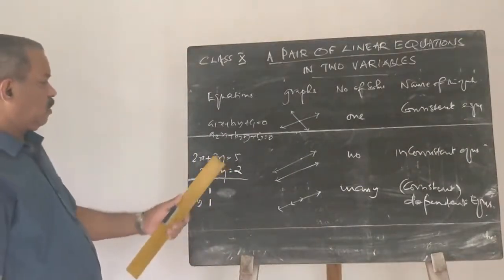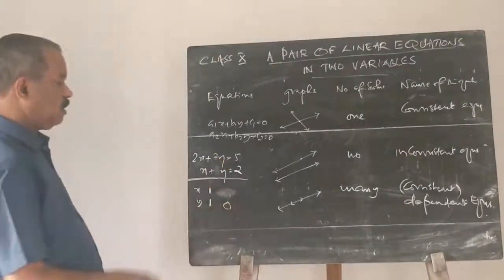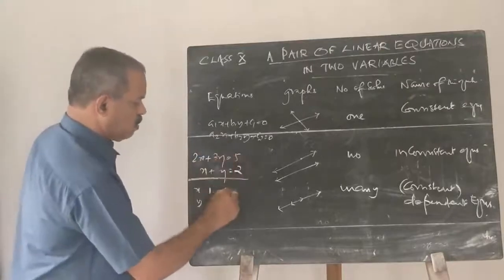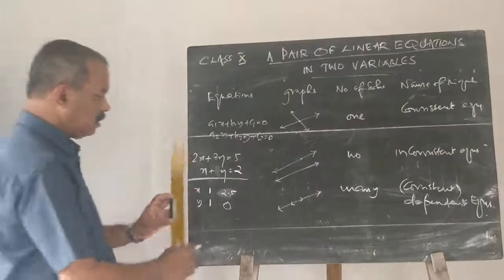Let y equal to 0. Then we get x equal to 5 by 2. 5 by 2 means 2.5. So we can plot this point in a graph.